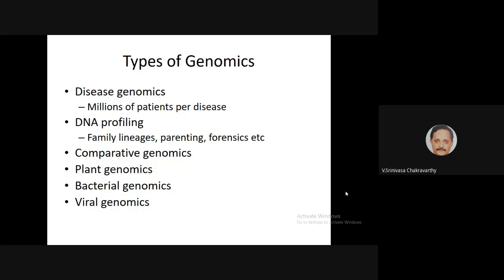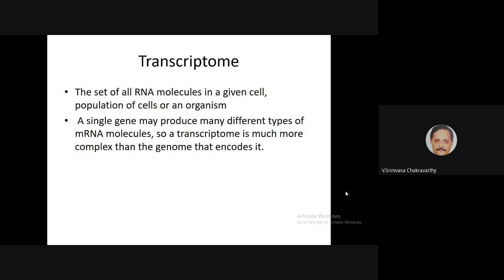Or DNA profiling, for example in forensics, or to determine parentage, or to find out family lineages, pedigree, and things like that. That's again a lot of data. Or comparative genomics, to figure out how different two species are, for example how different their genomes are. Or plant genomics, bacterial genomics, viral genomics. And in the era of COVID, viral genomics has become very important because people constantly sequence every new strain and compare and classify them. This is Delta, this is Omicron, this is whatever, etc.